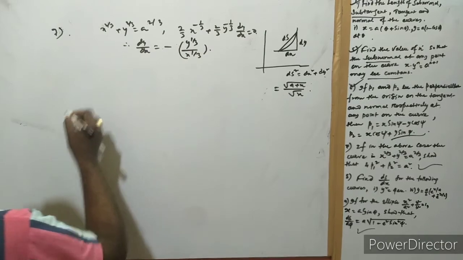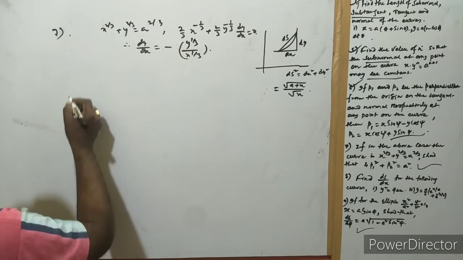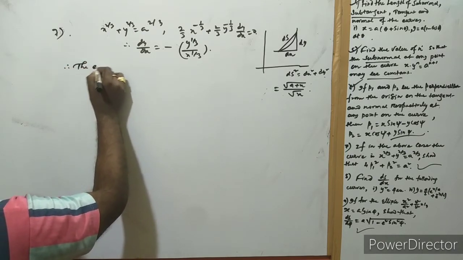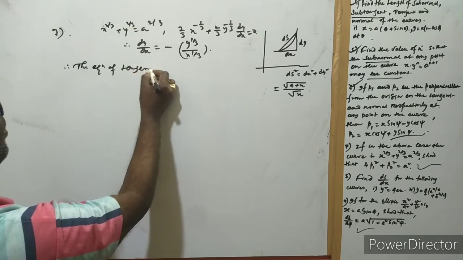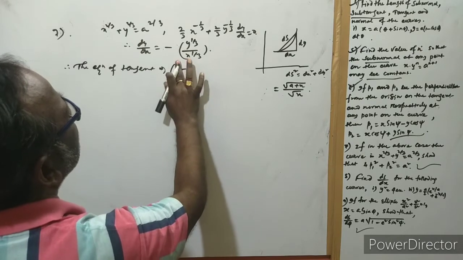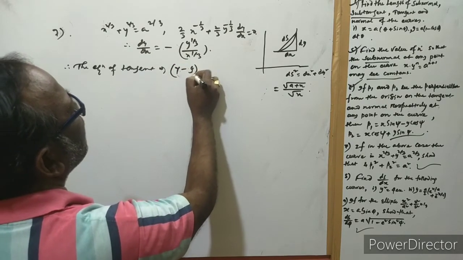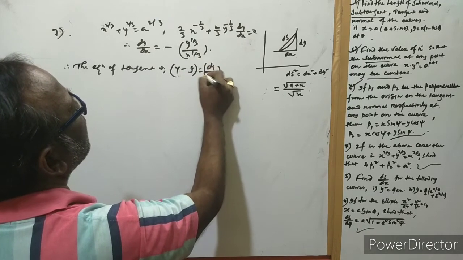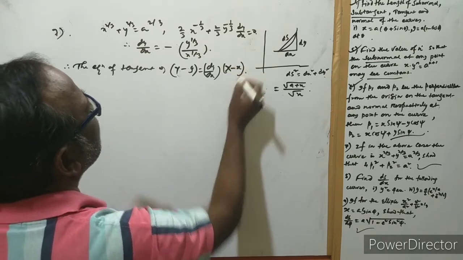Okay, now this is differentiated. So here is the equation of the tangent: y minus y1 equals dy by dx into x minus x1. Okay.